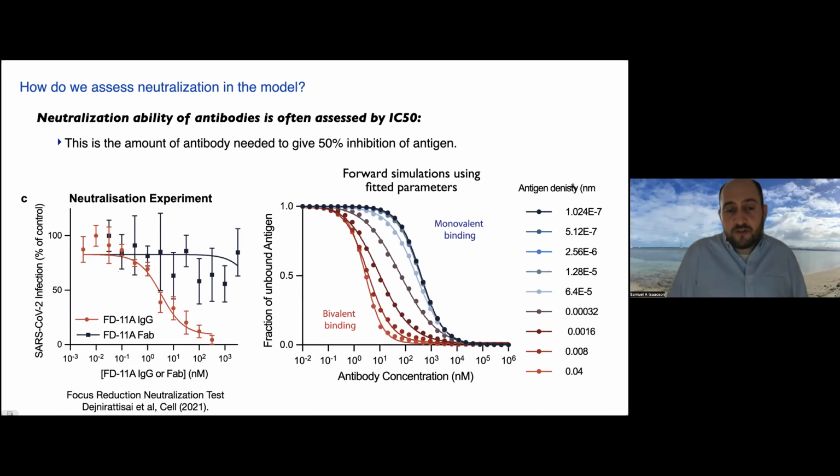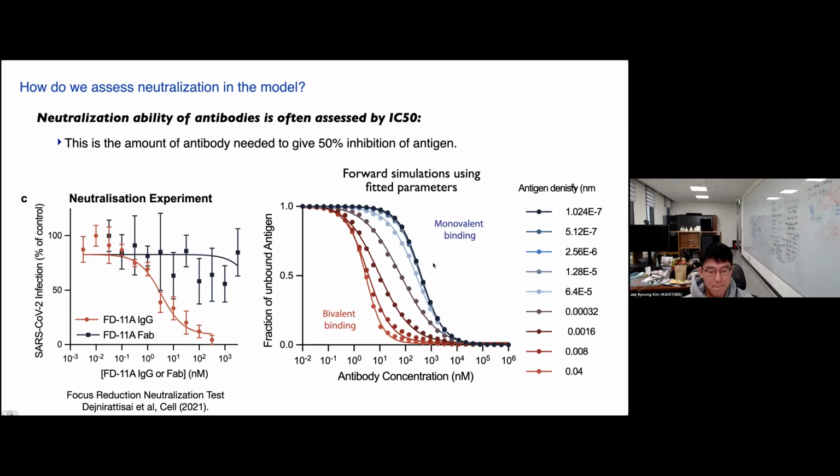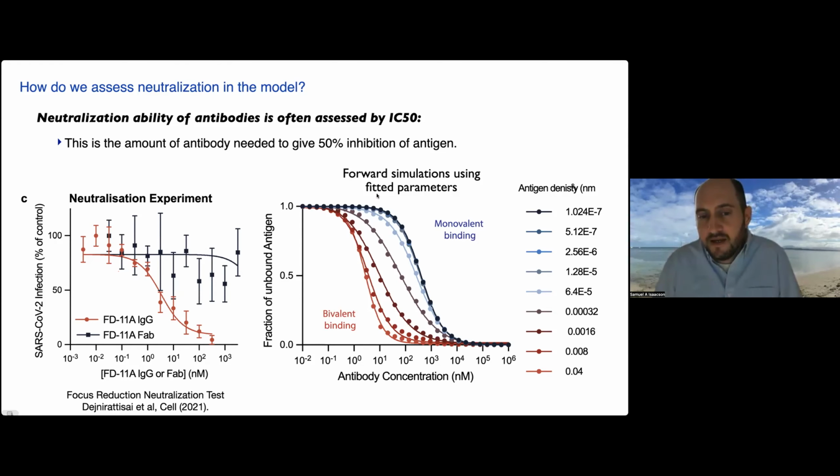And we can do an experiment to look at the efficacy of the antibody computationally, in the following way. We can pick an antigen concentration on the surface, and here we're doing a 2D model because in real life, the antigen, the RBD protein, is on the surface of the virus, which is a 2D surface. For each concentration of antigen, we can run a simulation for different antibody concentrations.